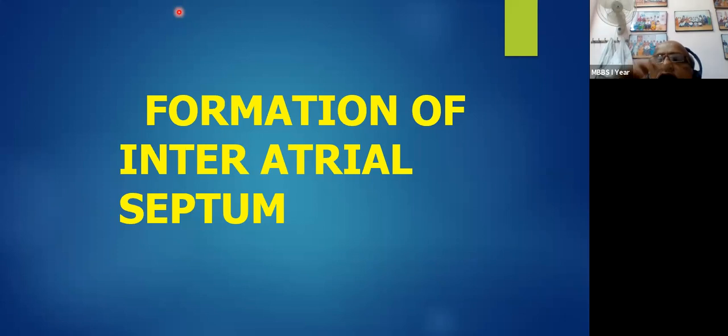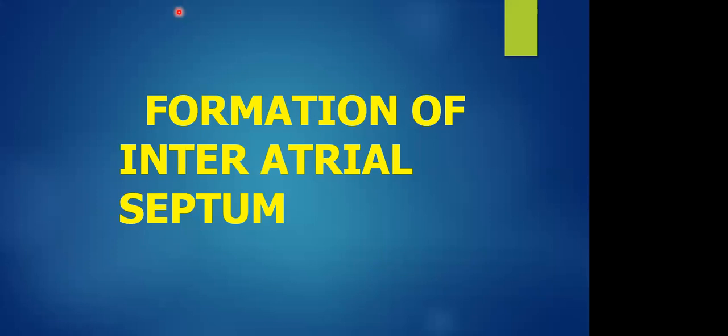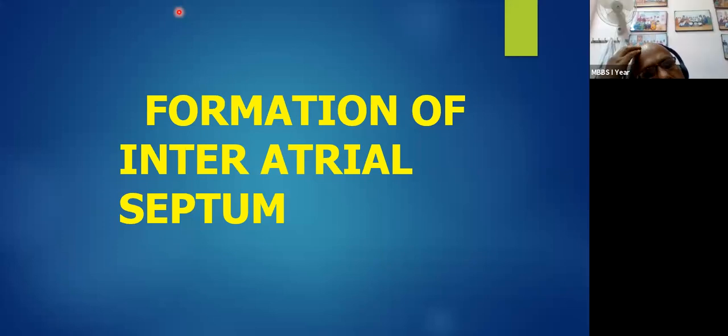So the fossa ovalis is the remnant of what? The limbus is the remnant of what? I asked that because it is told while learning about the septal wall. The fossa ovalis is formed by the septum primum, and the limbus is formed by the septum secundum. So the limbus is the remnant of the septum secundum, and your fossa ovalis is the remnant of the septum primum.